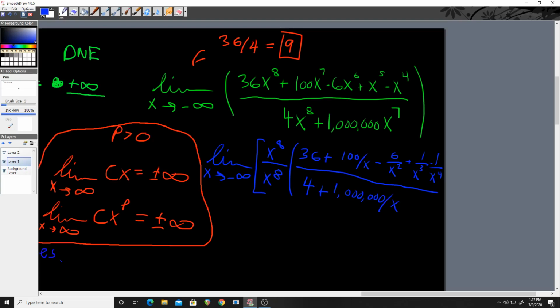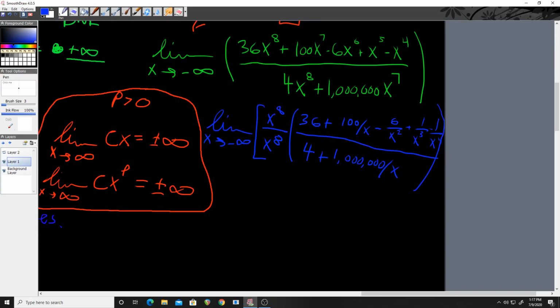Because we're pulling out 8 x's, 7 minus 8 is negative 1. That means you have 1 x in the denominator. Now, x to the 8 over itself, that's 1.